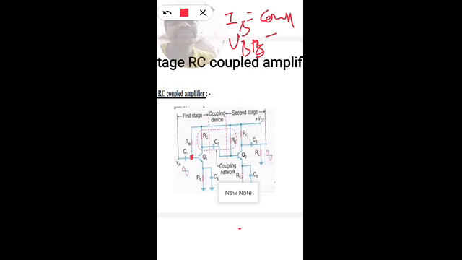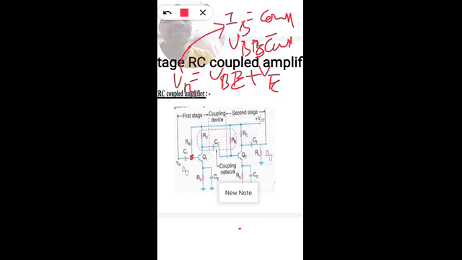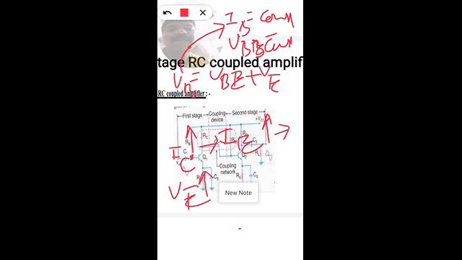Since we have the equation VB equal to VBE plus VE, and VB is constant because IB is constant, therefore with the increase in the collector current, IE also increases, and this in turn increases the VE.